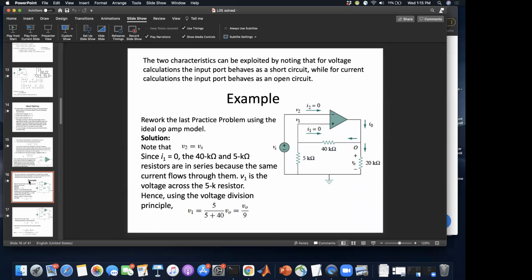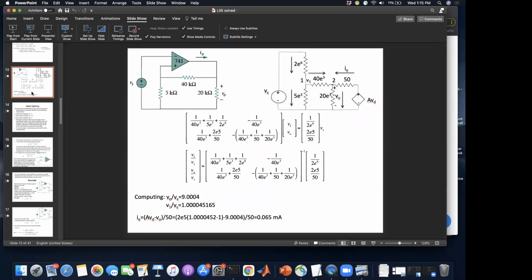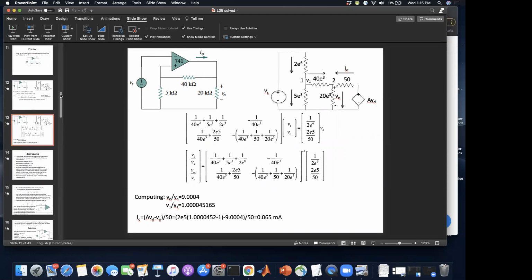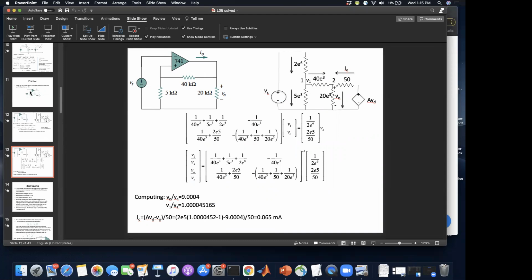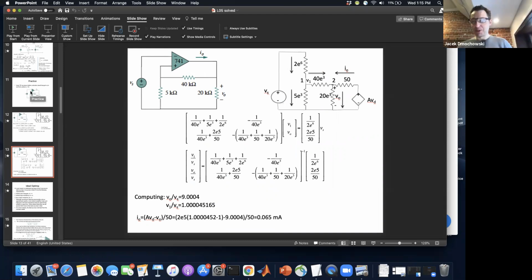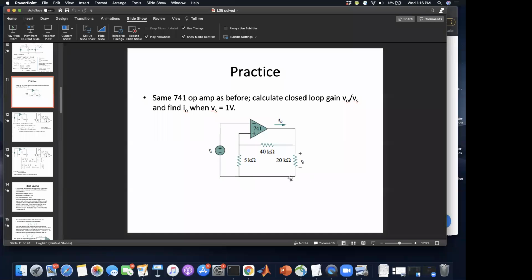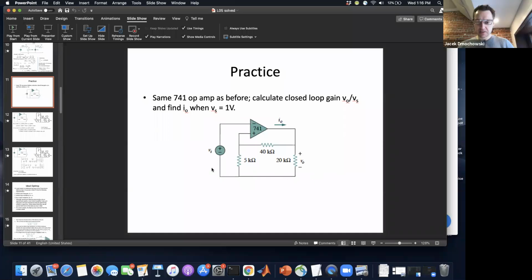So when we redraw the circuit for the op amp, is the negative pole of the voltage source always grounded? Yeah, in most cases it is. Chris, mute your mic, man. So for example, you're going to assume that the bottom of the circuit is grounded.